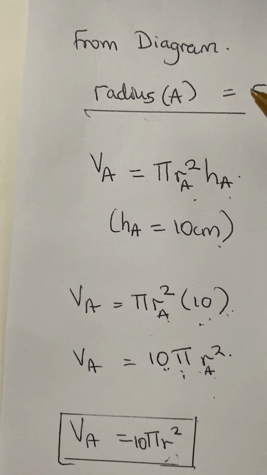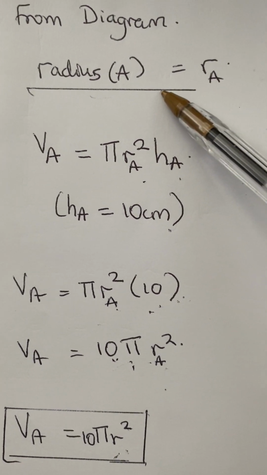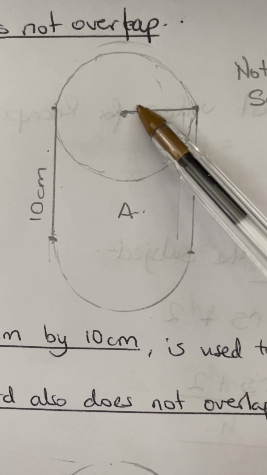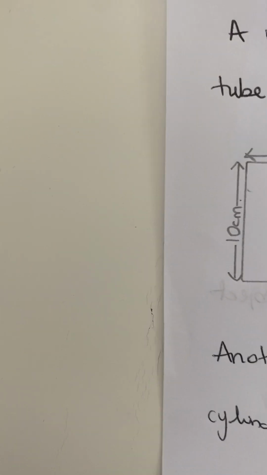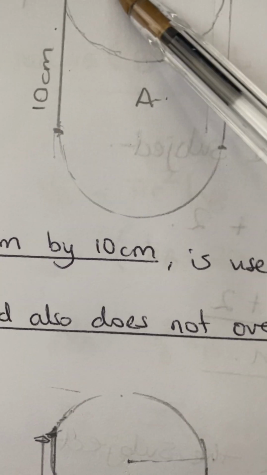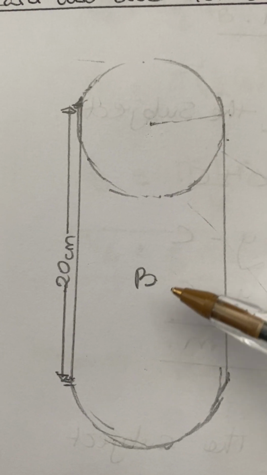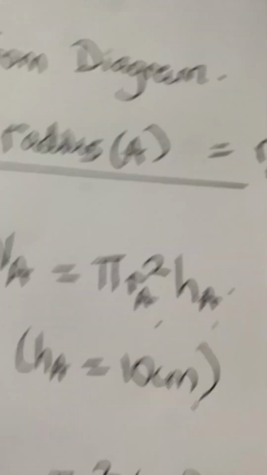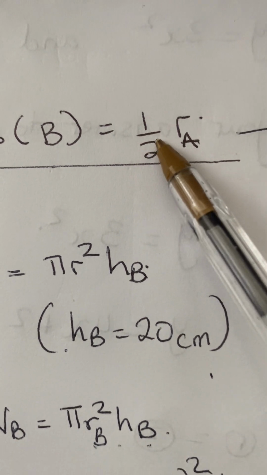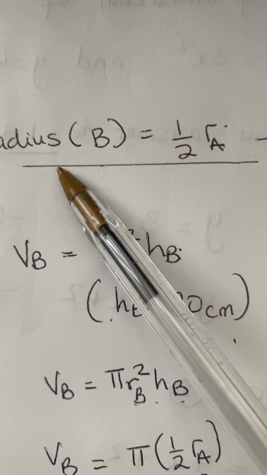Now the radius of A here, that radius of this cylinder will be represented by RA, and then the radius of B by RB.